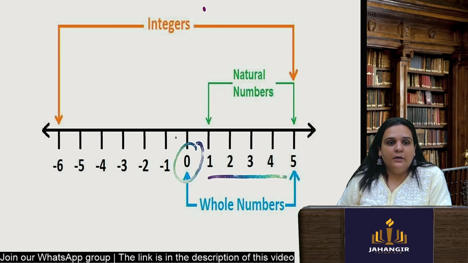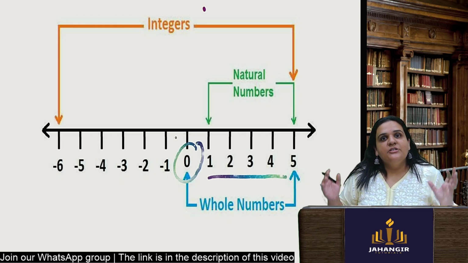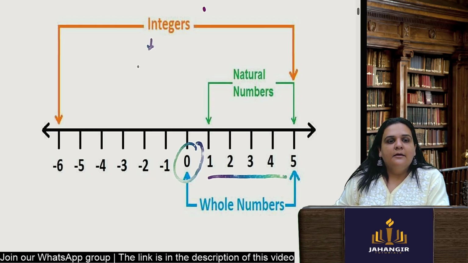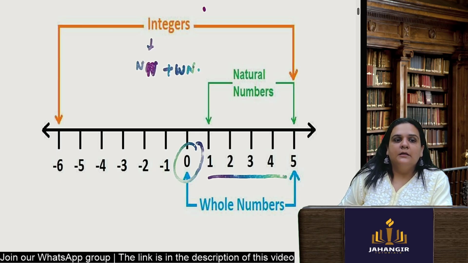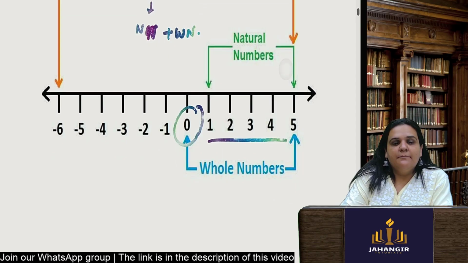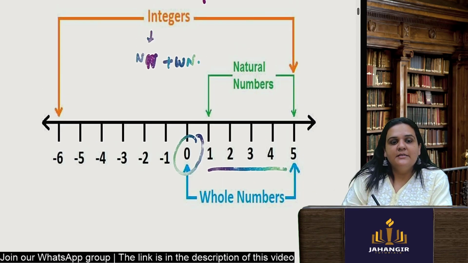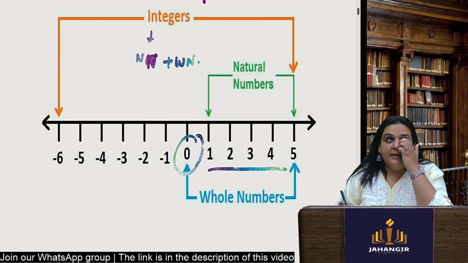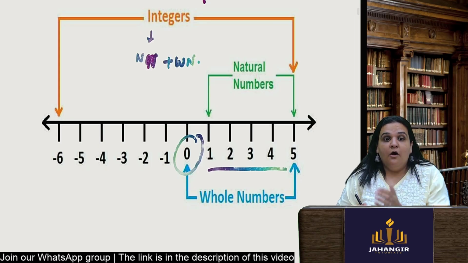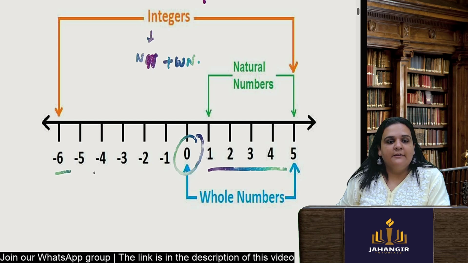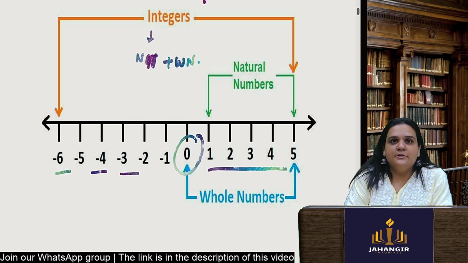And integers is both. Integers is nothing but natural numbers and whole numbers, and even the numbers on the left hand side of the number line, the ones denoted with the negative sign, they are also integers.